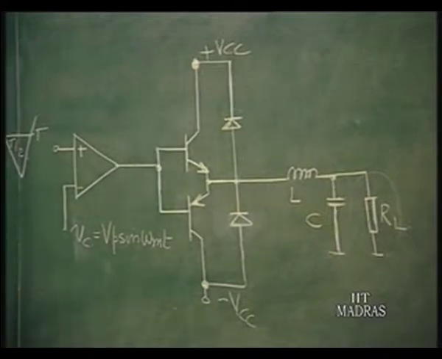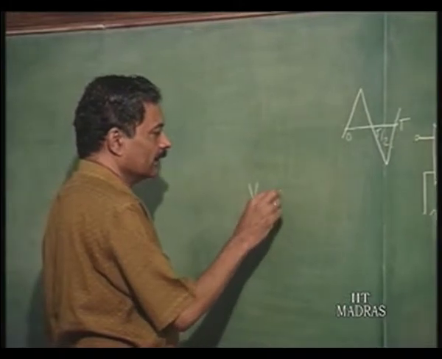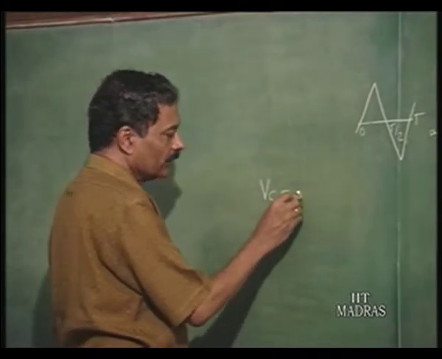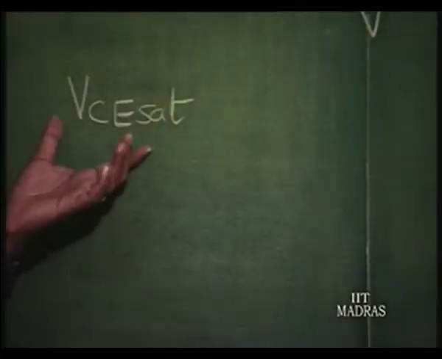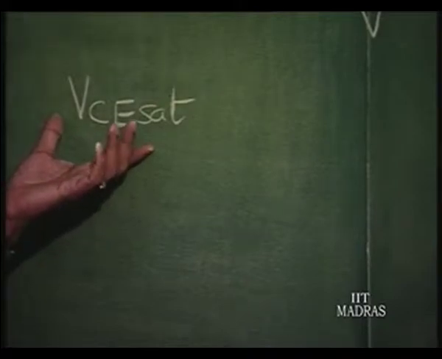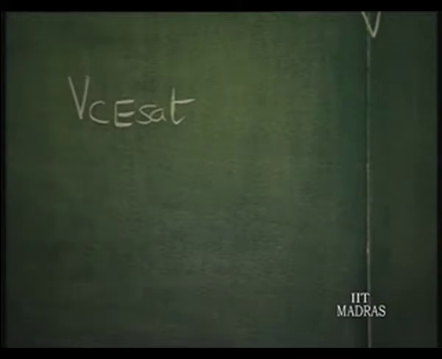Now, what are these factors that will be responsible for bringing down the efficiency from 100%? One is this: when the transistor is closed, the voltage across the transistor, which is VC sat, may not be negligible. It may be of the order of, let us say, 1 volt or so for high current switching.